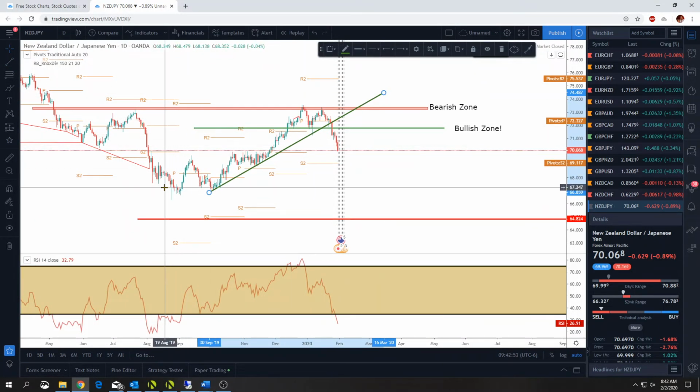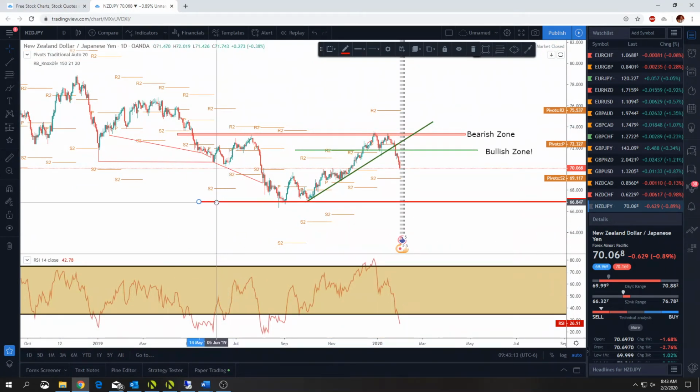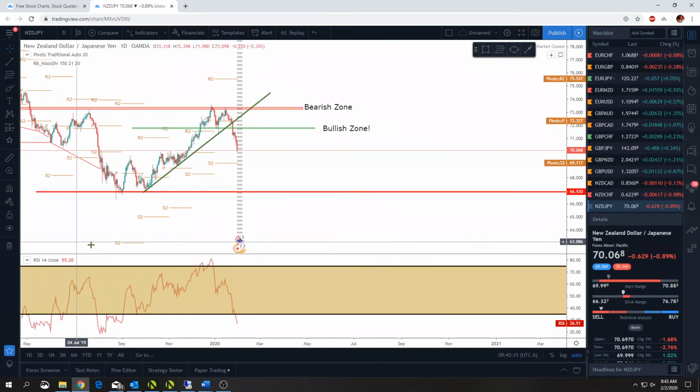You see that? This is one of the most technically obedient pairs when it comes to a double top, double bottom. See right here, we had a double bottom, long trend, double top. Will this be a long trend? I don't know why I have this all the way down here, but I like that, right?